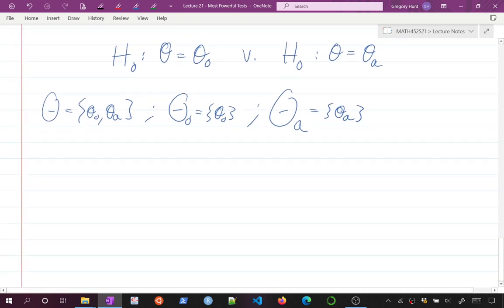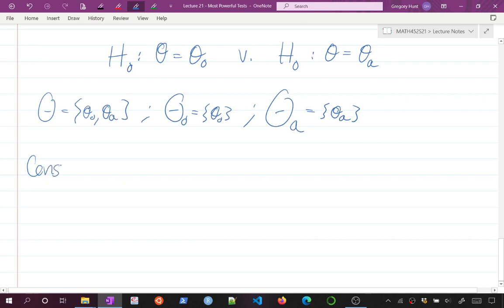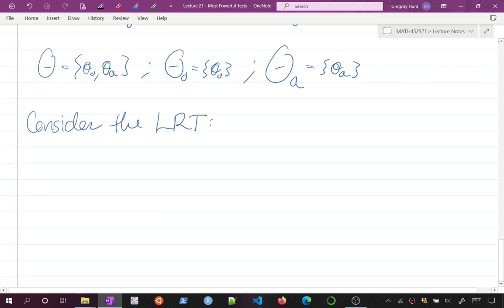In this case, we can also consider the LRT, the likelihood ratio test. So LRT looks at lambda, which we estimate at theta naught hat, divided by theta hat, right?